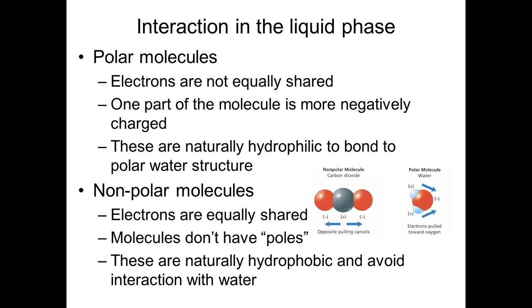So we can take a look at examples of these. We can look at a nonpolar molecule, and I guess the classic example here is carbon dioxide, where we have the opposite charges of the negative charge on the outside canceling themselves out, so it doesn't have a net charge to one end or the other. If we look at the polar molecule here in the B example, we can see that there is a charged anomaly, that one side is more positive and the other side is more negative.